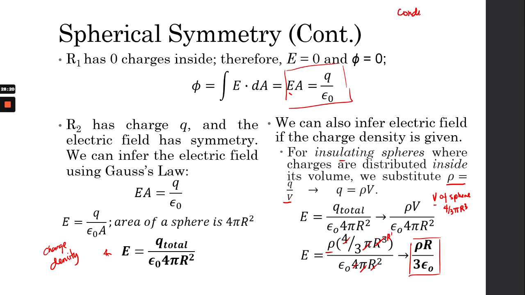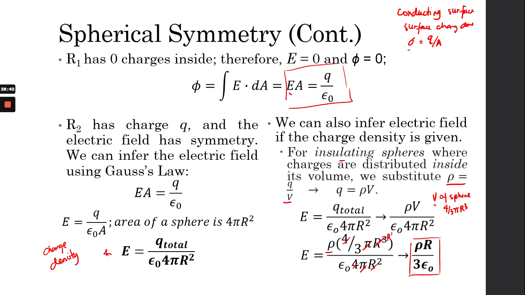For a conducting sphere, remember, the charges are found on the surface. So you have to use the surface charge density. The surface charge density is sigma, equal to Q divided by the area.